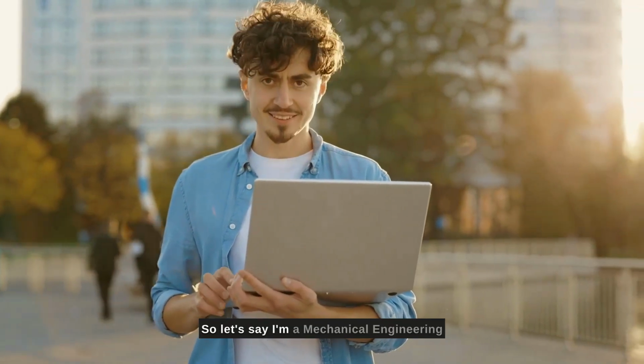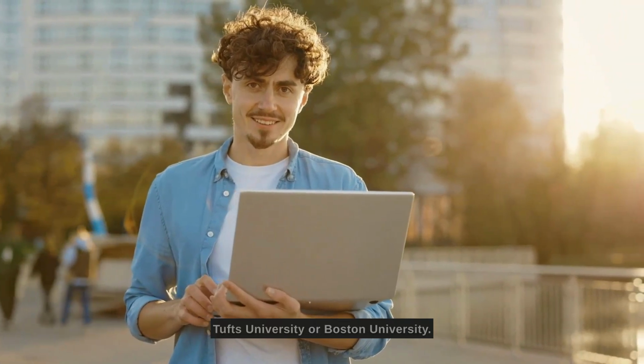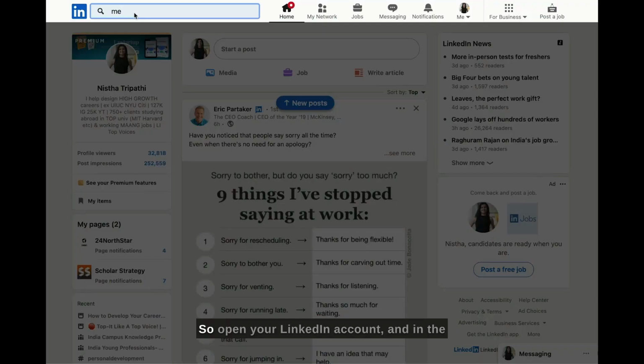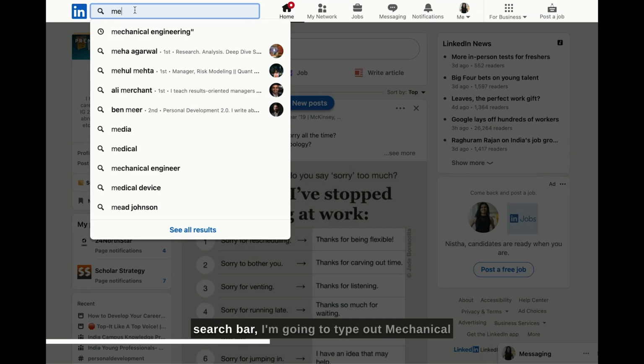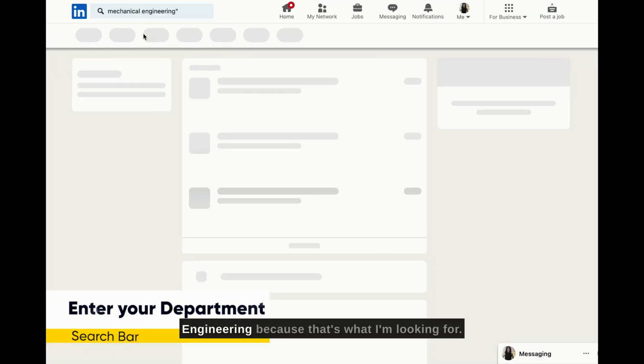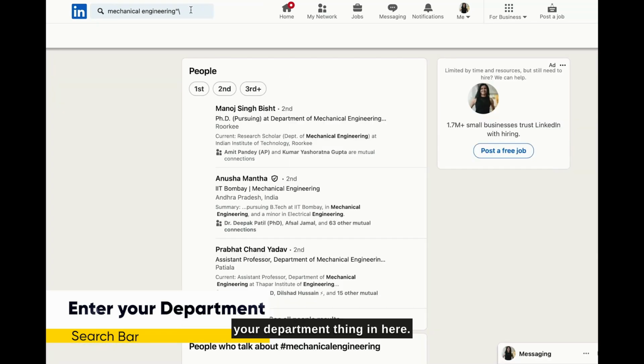So let's say I'm a mechanical engineering applicant and I'm trying to decide between Tufts University or Boston University. So how do we do this? Open your LinkedIn account, and in the search bar I'm going to type out mechanical engineering, because that's what I'm looking for. You can type out your department in here.